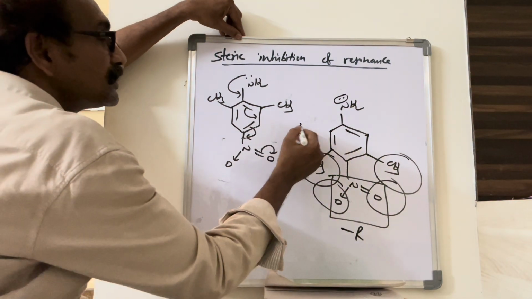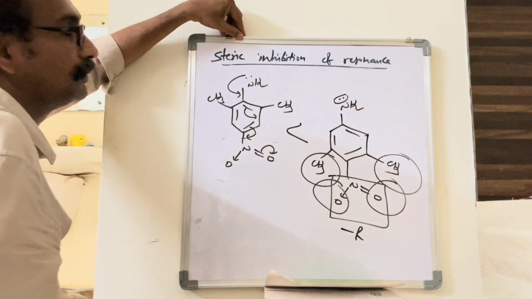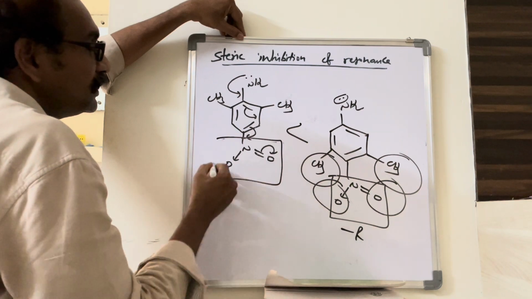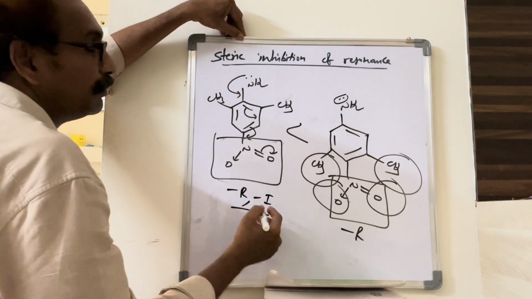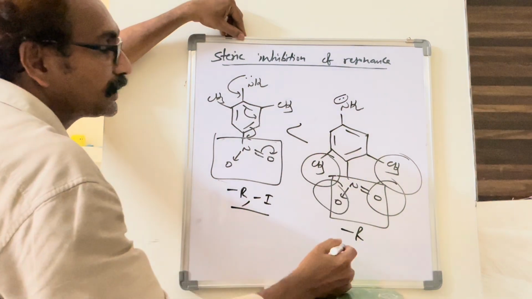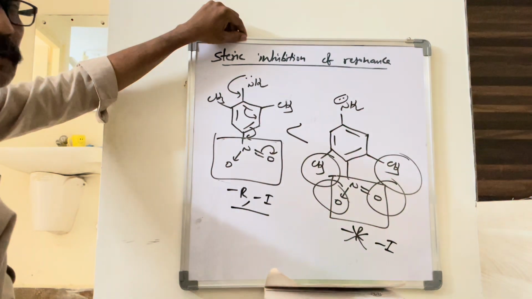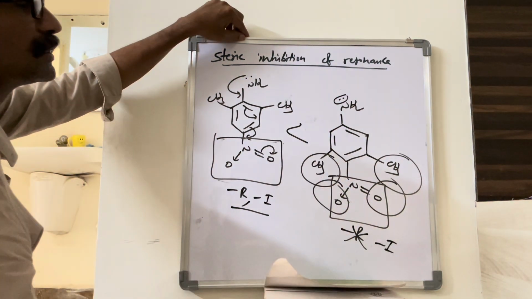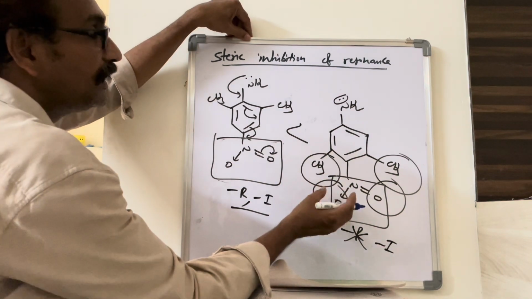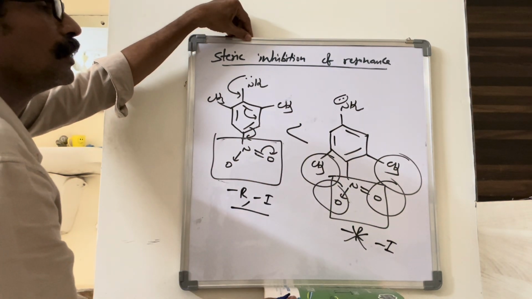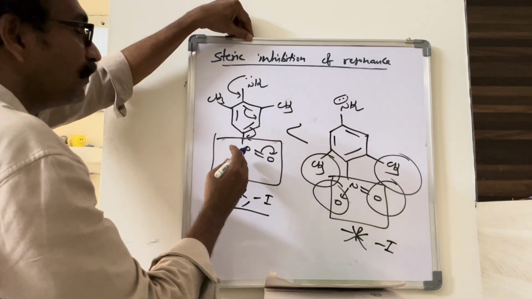So, the basic strength of the second one is higher than the first one. In the first case, the NO2 acts as minus R and minus I, but in the second case, that NO2 acts as only minus I but not minus R. Because of the steric inhibition of resonance, the second one is a stronger base than the first one.